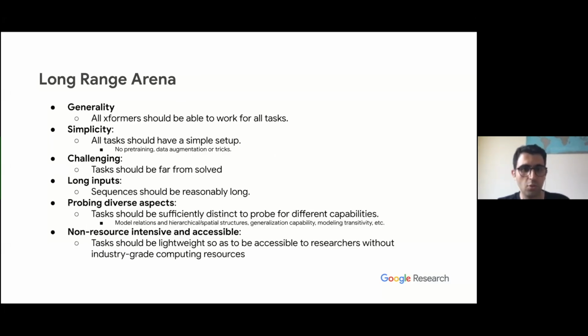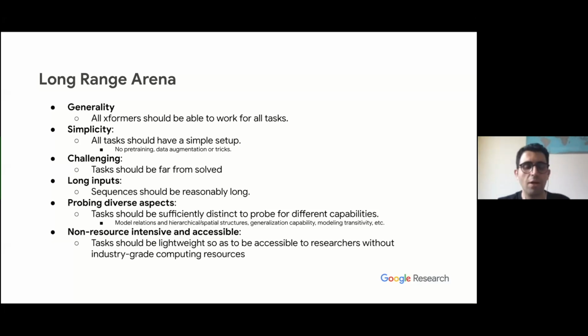First of all, we wanted it to be a general benchmark, in a way that we include tasks to which the efficient transformers we had at that time are applicable. So we stick with encoding-only tasks, so no decoding or language modeling. The other one was simplicity. We wanted a simple setup for every task, so no other factors like data augmentation or pre-training are involved, to have a pure setup for comparing transformers.